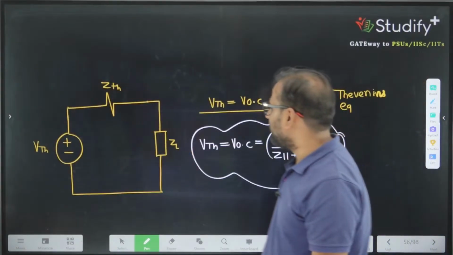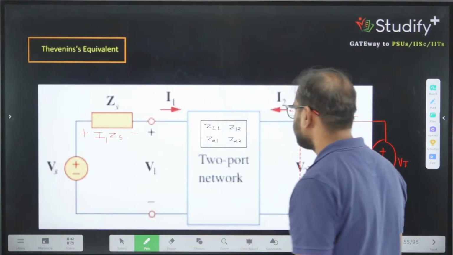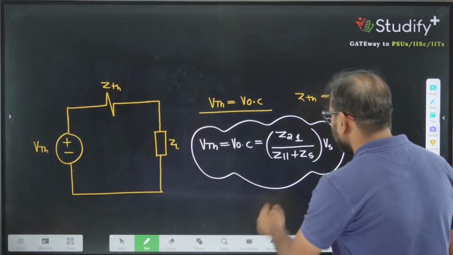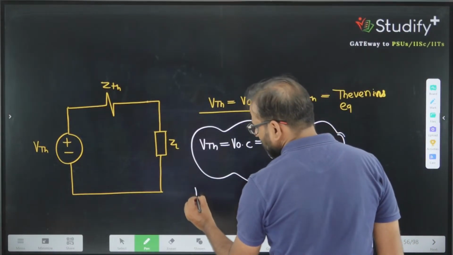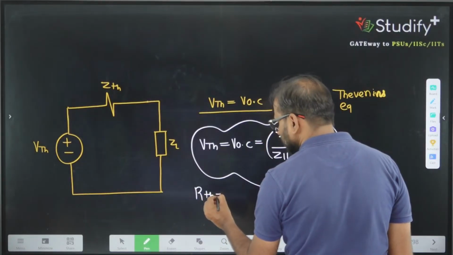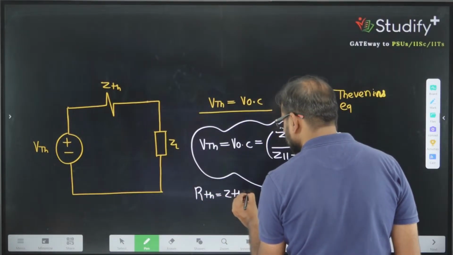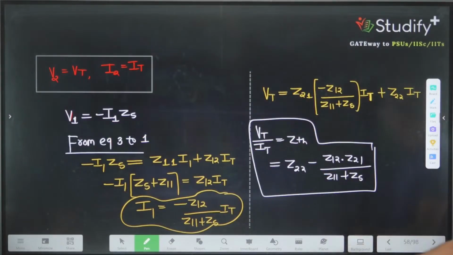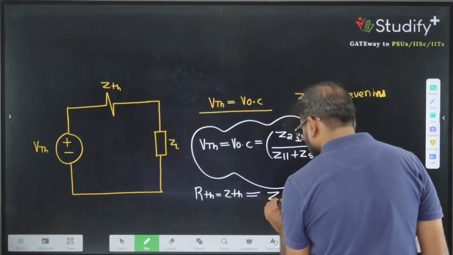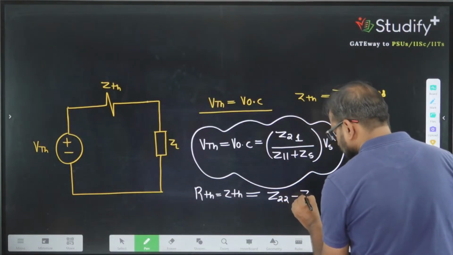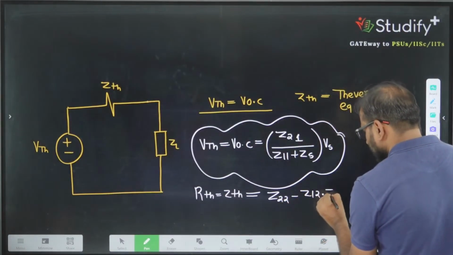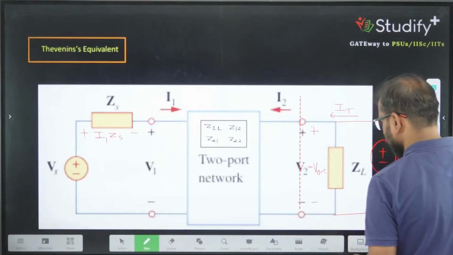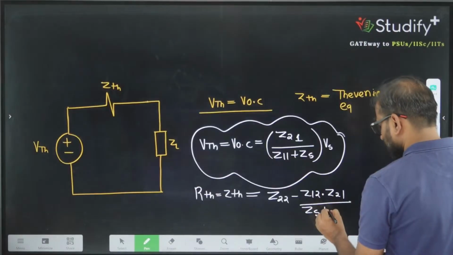This is the value of VTH, and if you are interested in RTH, or we can call this ZTH, the value of RTH or ZTH is given by Z22 minus Z12 into Z21 divided by Zs plus Z11.